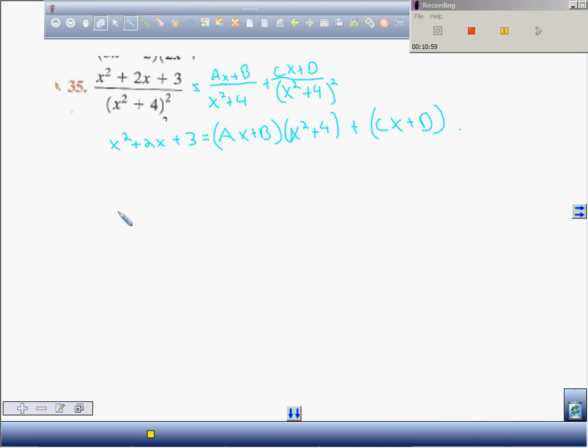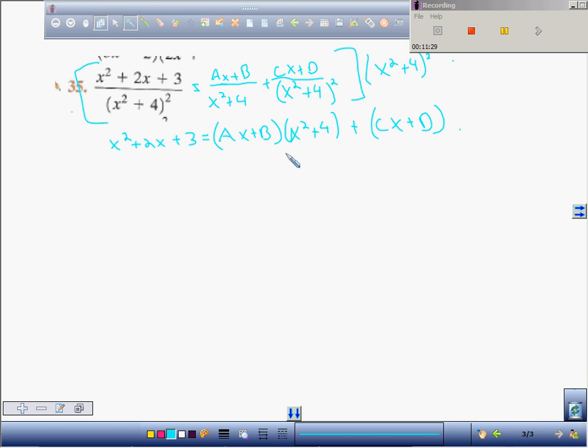Because what I did there is I multiplied both sides by x squared plus 4 quantity squared, and that cancels out with that, so I'm just left with that, and that cancels out with one of those, so I'm just left with that.